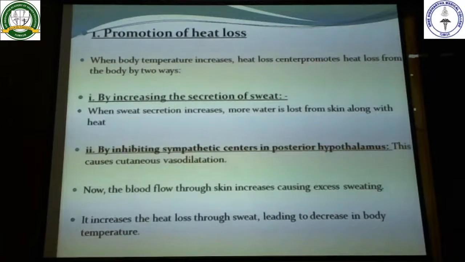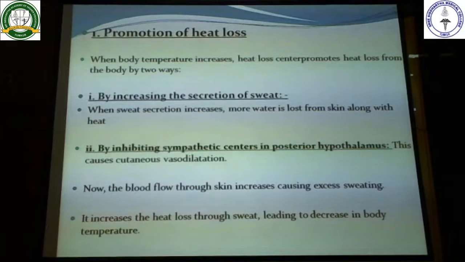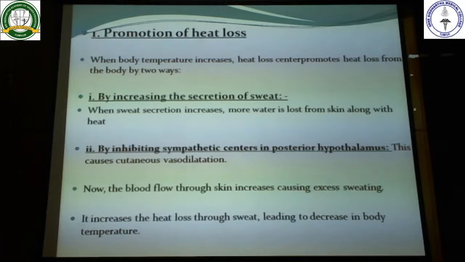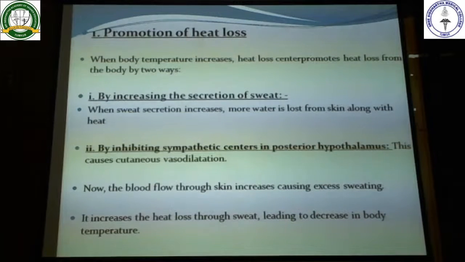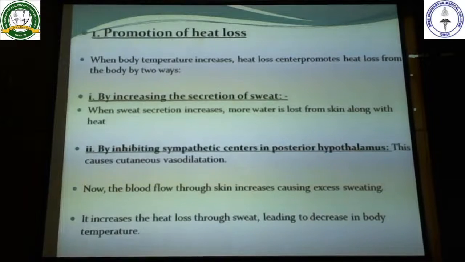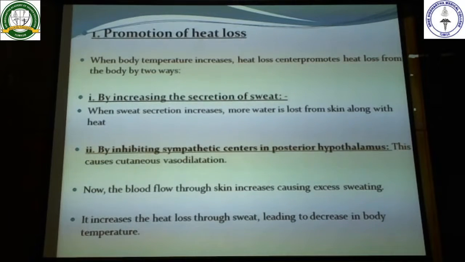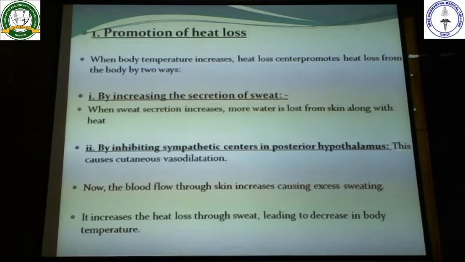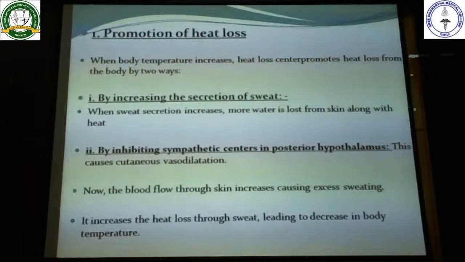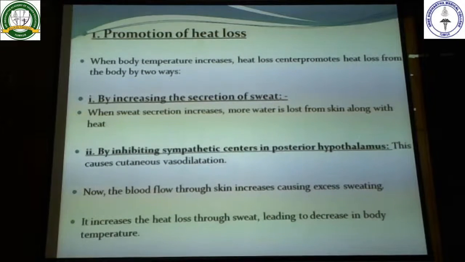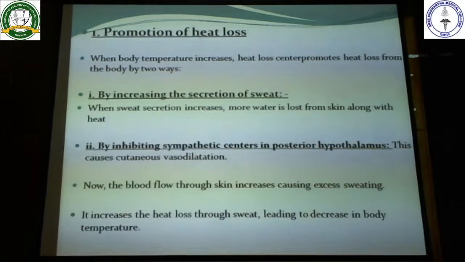Now how can the heat loss be promoted? One very important way is by increasing the secretion of sweat. In the sweat, along with the water, even the electrolytes are lost, and at the same time the heat is lost majorly from the skin. Second, by inhibiting the sympathetic center in the posterior hypothalamus, there is cutaneous vasodilatation.